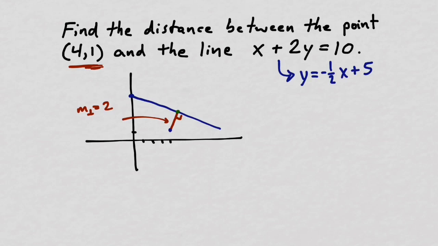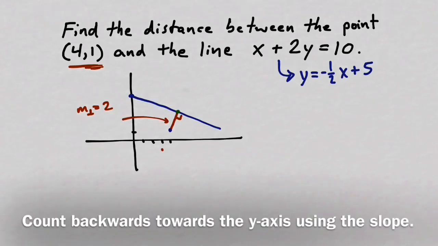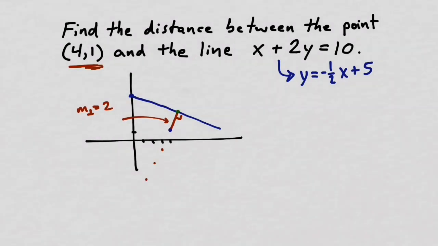So one way to figure out the slope-intercept form of the line would be to count backwards. I'm going to drop down to (3, -1), (2, -3), (1, -5), and finally the perpendicular line is going to hit a y-intercept at -7. So I know the equation of the perpendicular line is y = 2x - 7.